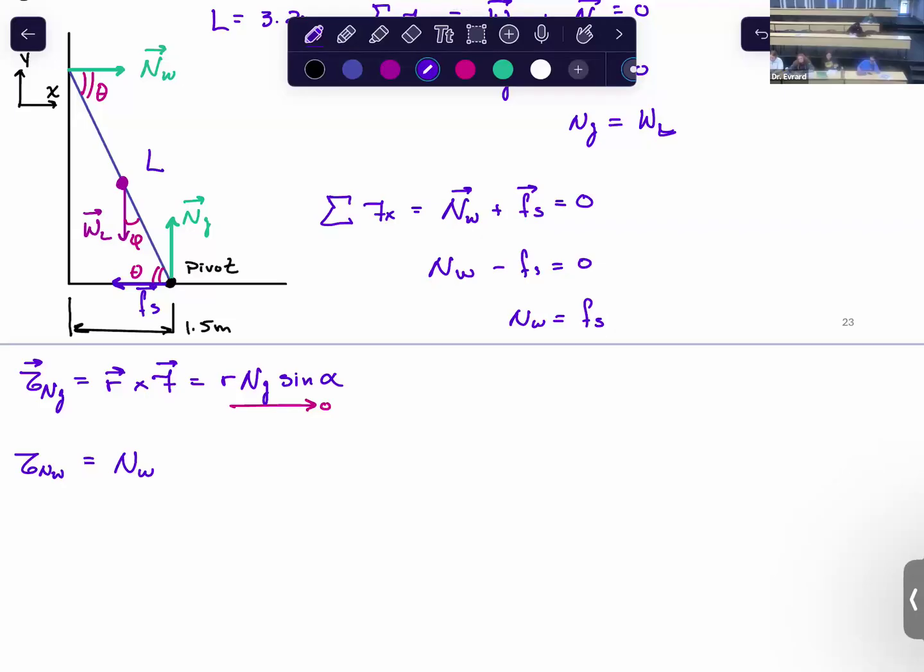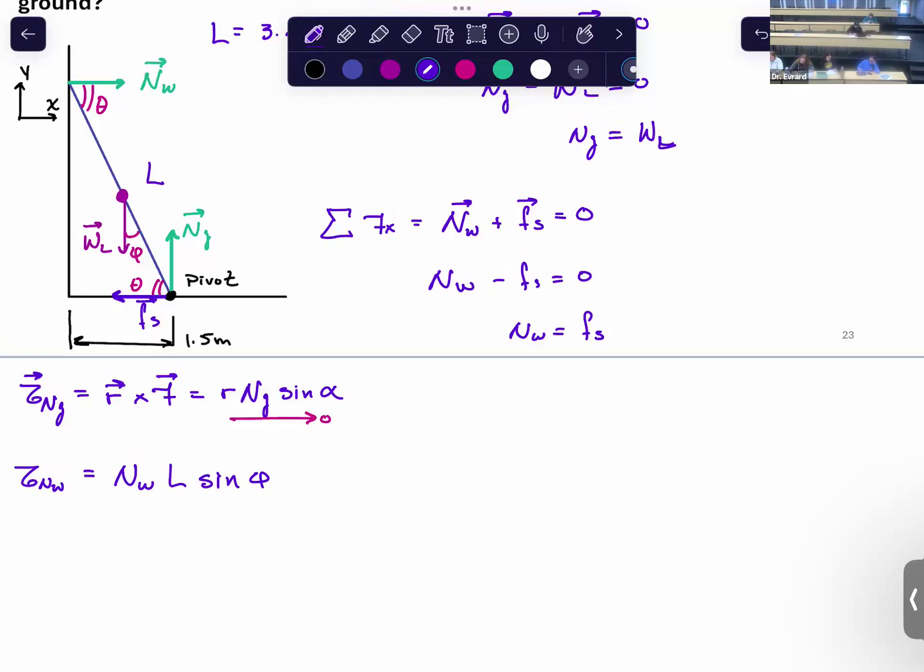The length, so L, times the sine of theta. That's the angle. Theta is the one for the normal force due to the wall. Phi is for the weight of the ladder.